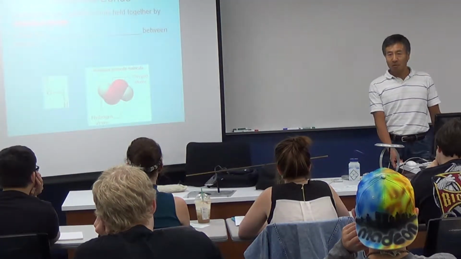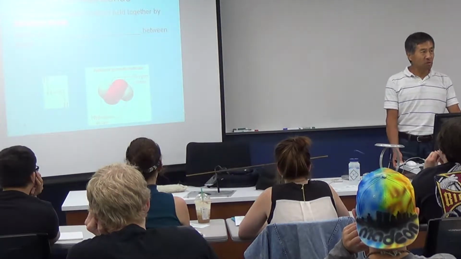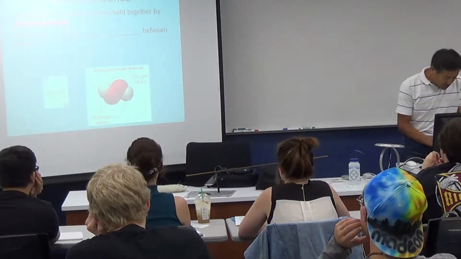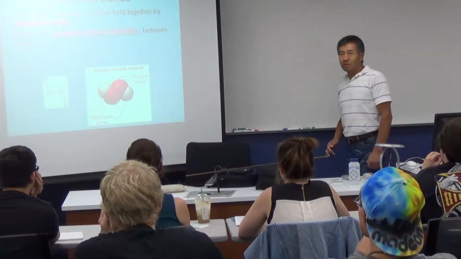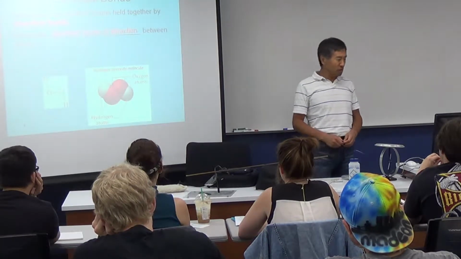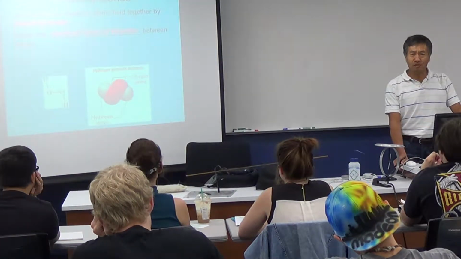Then outside, we have the electron, which has opposite charge to the proton. No matter where they are and how they are distributed, the electron will carry the negative charge. So somehow the negative charge on the electron can attract the positive charge in the nucleus. So that is the ultimate source of the chemical bond.